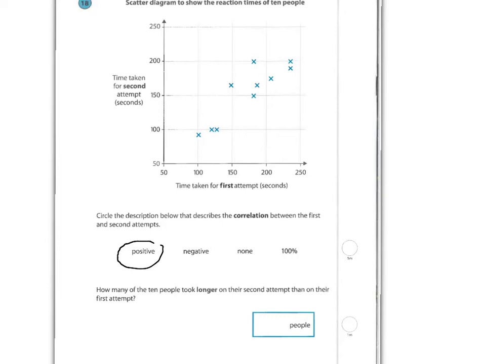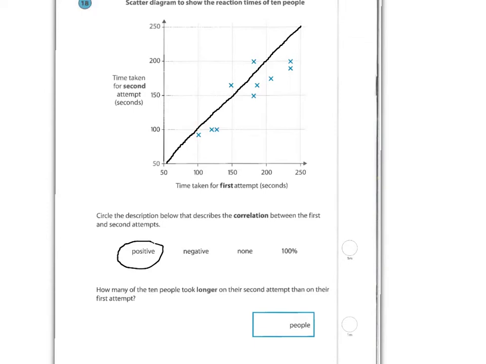Now, in order to make this easier, what I'm about to draw is a diagonal line. That diagonal line would represent people that took exactly the same time on both tests. For example, if I highlight this point here, the person here would have taken 100 seconds for both attempts.